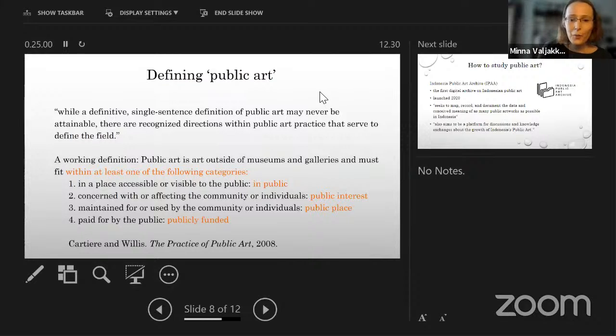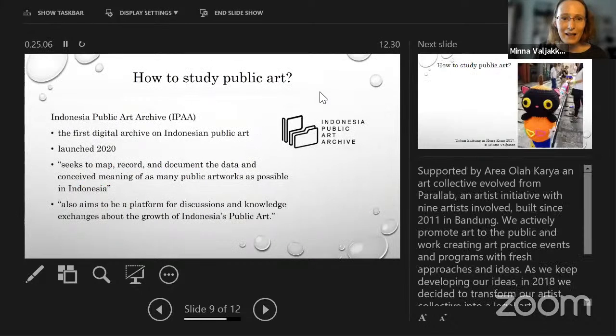But now let's go more into the question of how to study public art. And I'm absolutely thrilled that in Indonesia you now have a public art archive. I'm sure some of you have already heard about this one, but just to share the good news, it is the first digital archive on Indonesian public art.